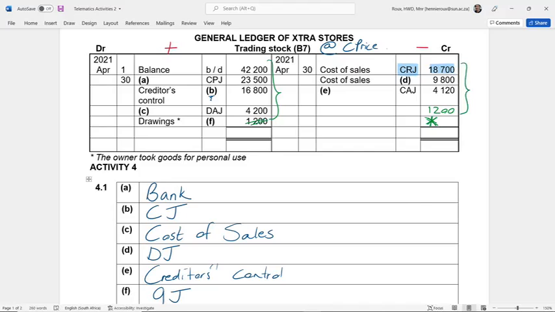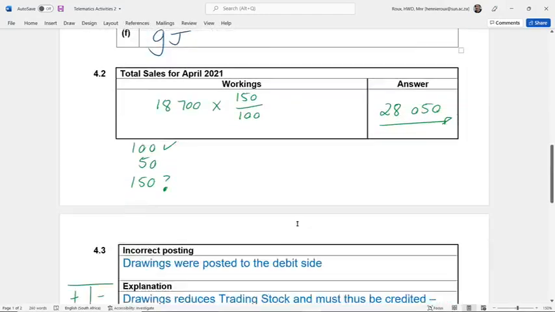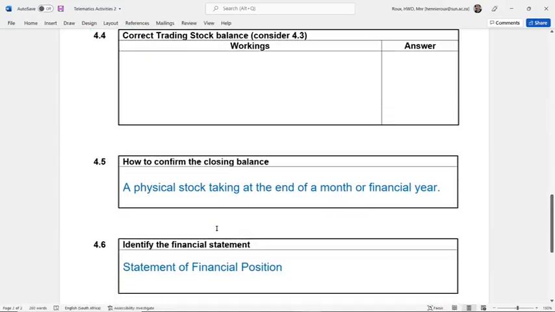If it's creditors control, we add the credit side, the side that is the most, and we subtract the smaller one. So on the debit side of that trading stock account, the balance of 42,200 plus 23,500 plus the 16,800 plus 4,200, not adding the 1,200.